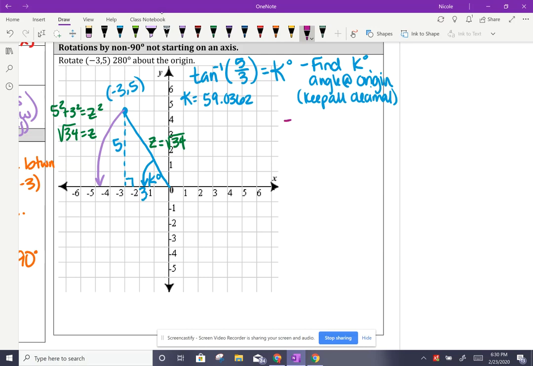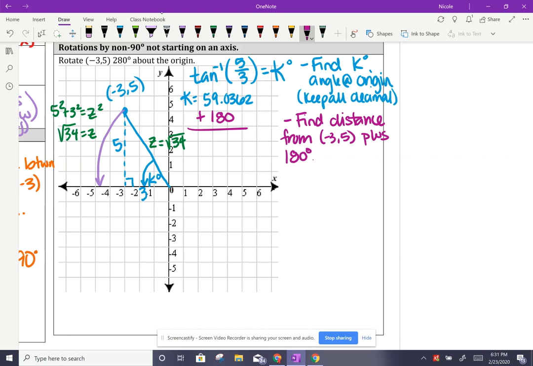So I'm going to find the difference, or find the distance from negative 3, 5 plus 180 degrees. So in order to do that, I'm going to take that K and add 180 to it, plus 180.